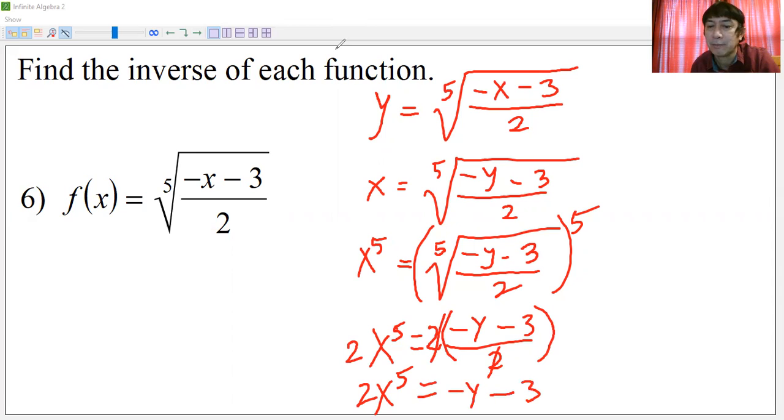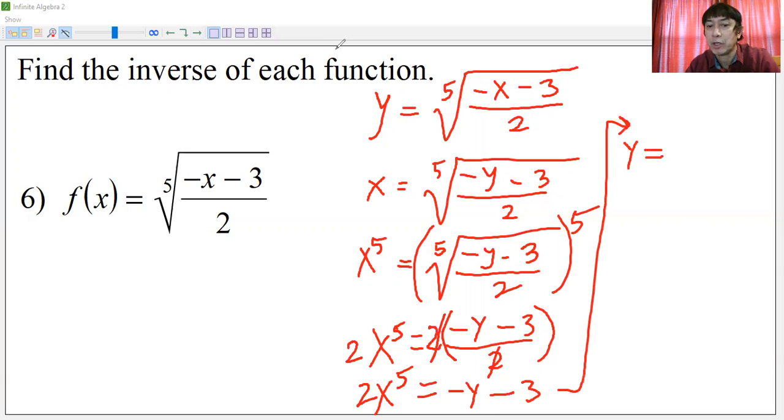And then we will now be transposing the y and the 2x to the 5th in its appropriate places. If you move the y to the other side, you will have the y positive. From a negative y, it is now positive y. And this is the equal sign, like that.